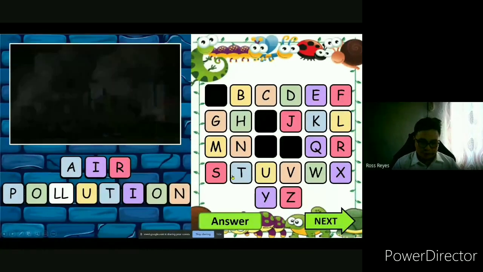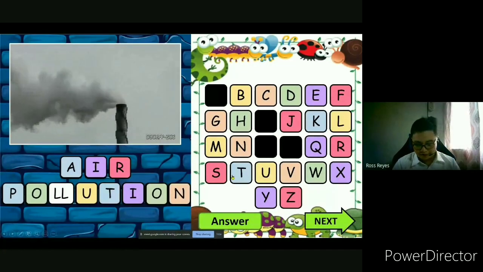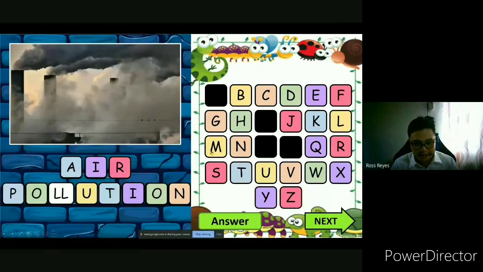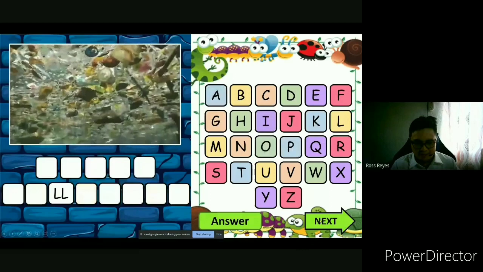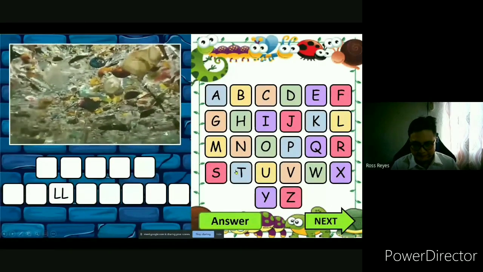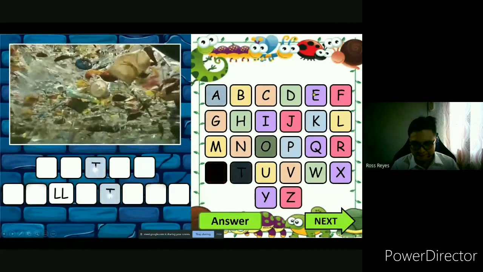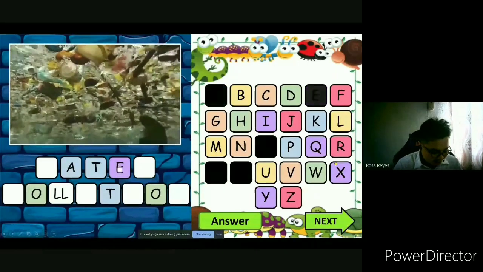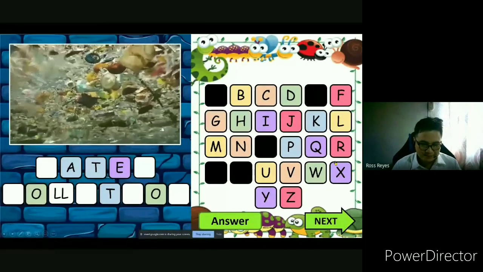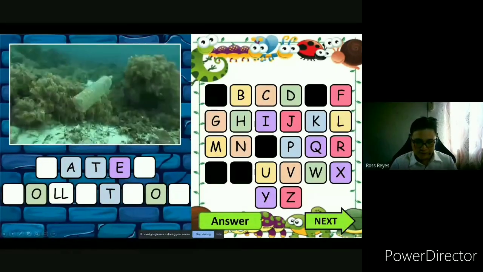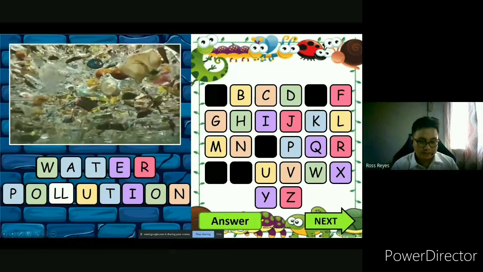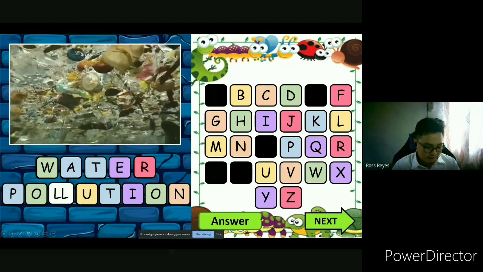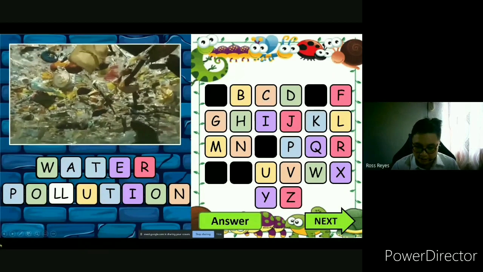The image shows air pollution. Air pollution is referred to as the release of pollutants in the air. Moving on with the next puzzle. How about this one? Contrary to the air pollution, water pollution is the release of toxic substances in the bodies of water.